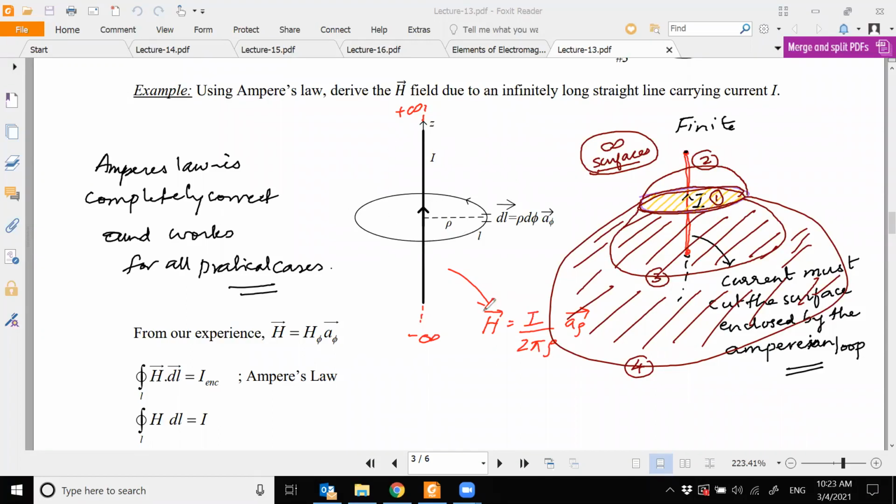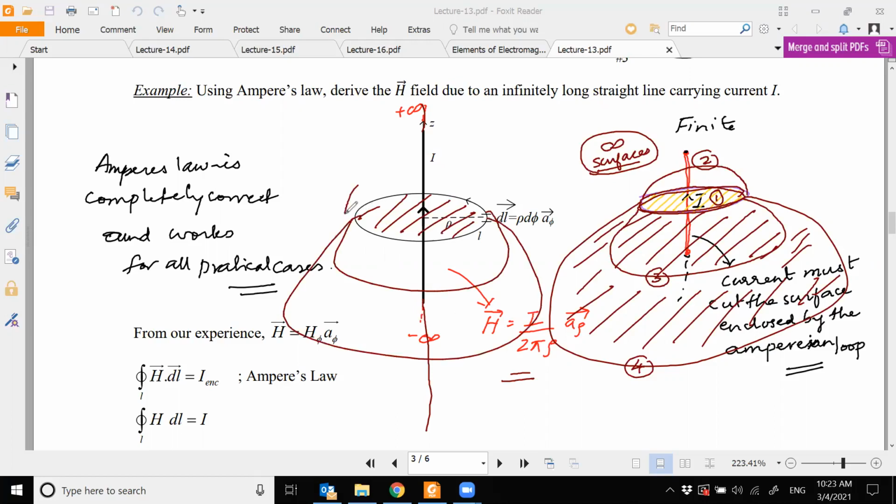For the infinite case, we got the correct answer. Why? Because if this is infinite, then all the surfaces enclosed in this ring, this one, or this one, or this one, will all be cut by your infinite line. So that's why Ampere's law holds, and you will get the correct answer.